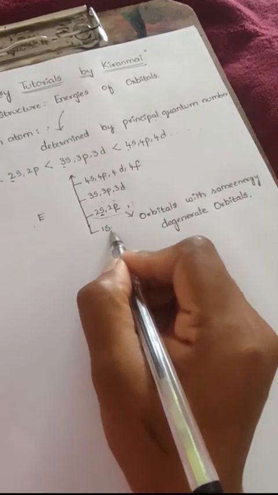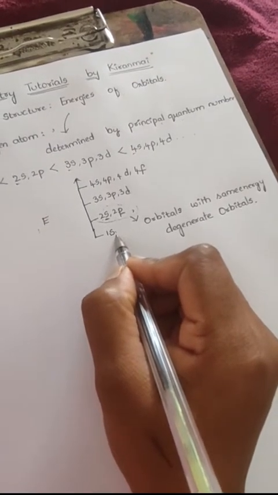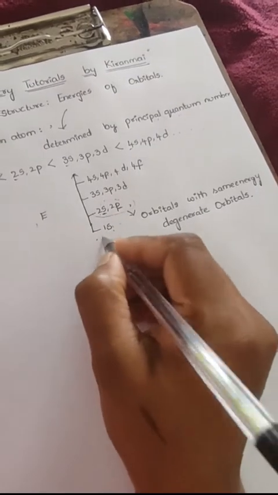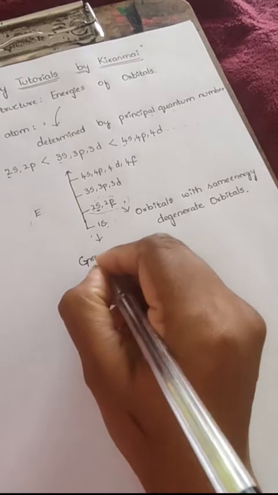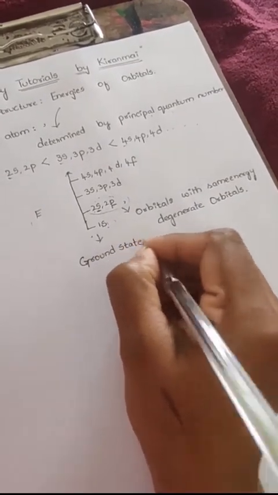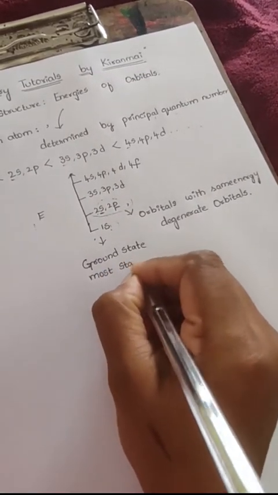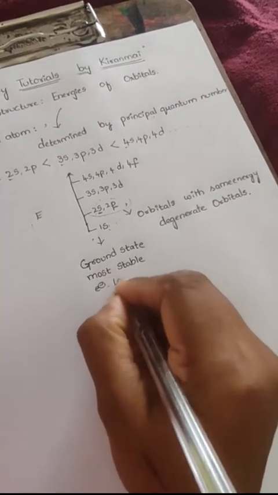And in hydrogen atom, if the electron is present in the 1s orbital, it is considered to be the most stable condition, and the state is referred to as ground state. Ground state is the most stable state, and the electron will have low energy.